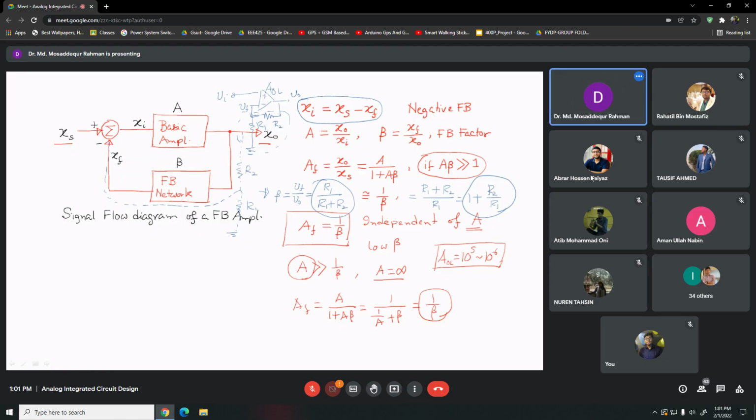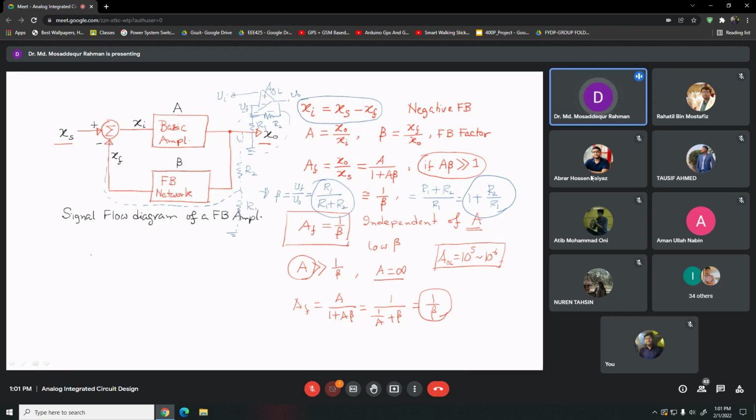The circuit or device that we use here should be very precise in taking this difference. Otherwise, if it is not accurate, then the output will not be accurate, right? So we need a precise mechanism to take the difference signal here.